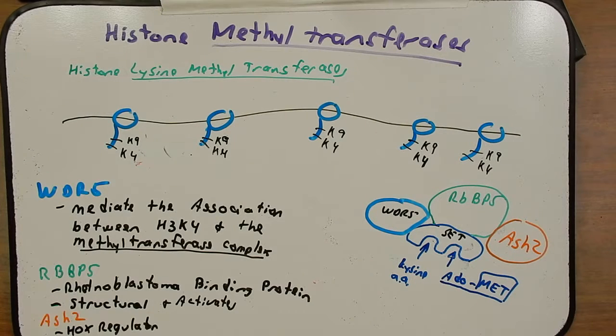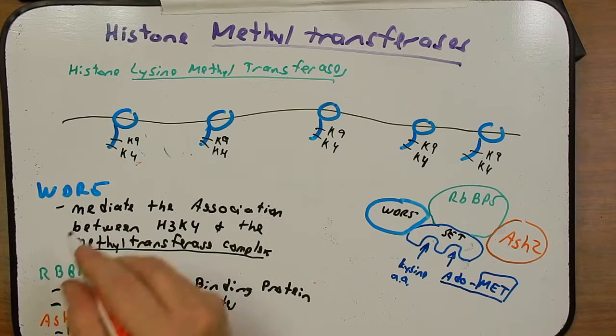Alright, there's one more protein I want to mention, and that is ASH2. Now ASH2 has been a long known regulator of Hox genes. Perhaps ASH2 in this complex helps MLL1 find these Hox genes. Now we know some things about the roles here, that these three elements when attached to SET are important.